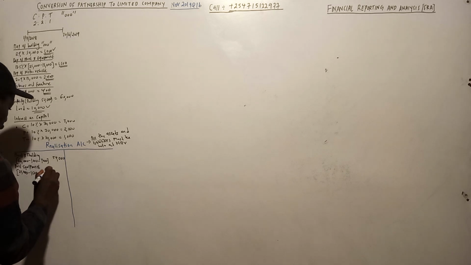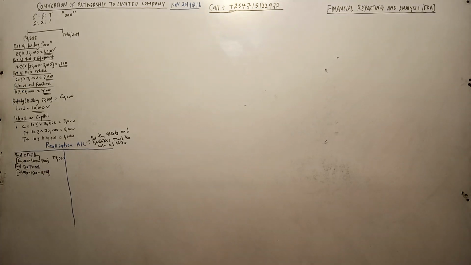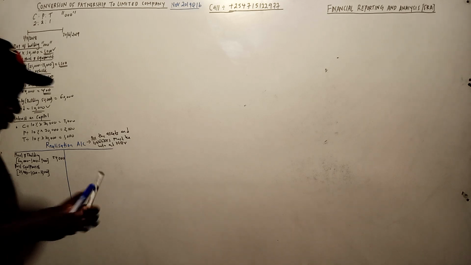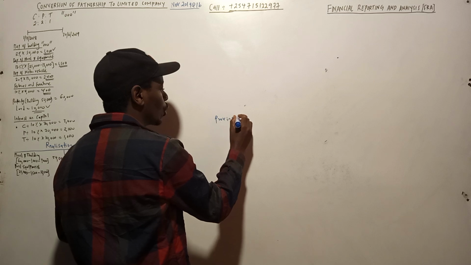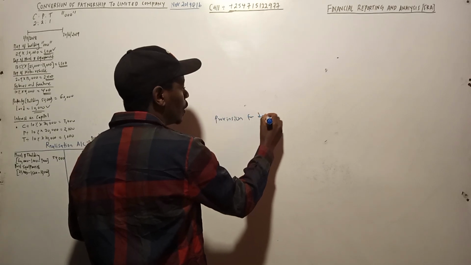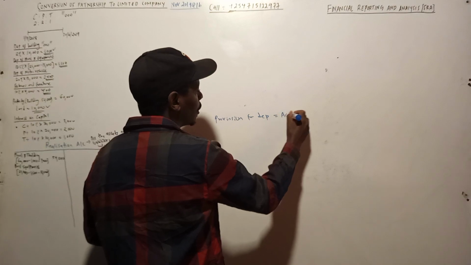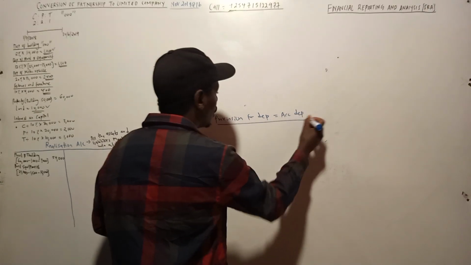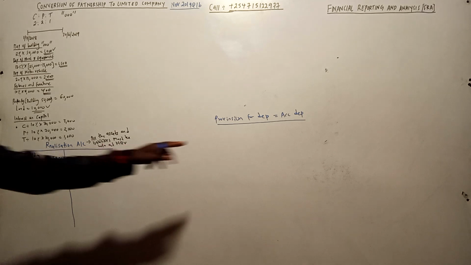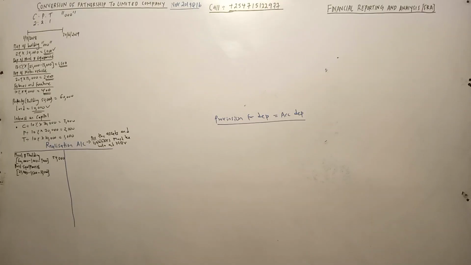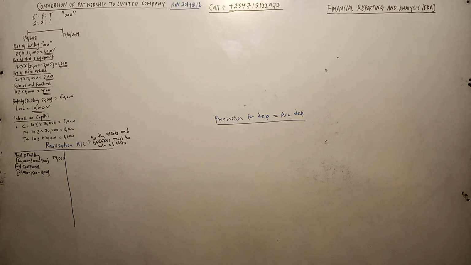Remember, under financial accounting, we said that the provision for depreciation in the trial balance is the same as saying accumulated depreciation. So don't worry where we are getting the accumulated; the accumulated is the provision for depreciation. That is 13,000. So 25,000 minus 1,500 minus 13,000 is approximately 10,500.